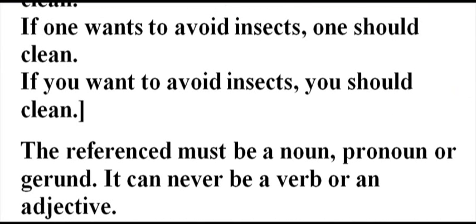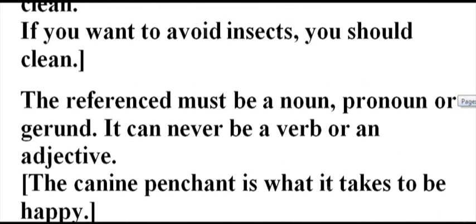The referenced must be a noun, a pronoun, or a gerund. It can never be a verb or an adjective, and this is really, really important. You have to understand this. The thing that the pronoun is referencing has to be a noun, a pronoun, or a gerund. A pronoun can never reference a verb or an adjective. Let me give you an example. The canine penchant is what it takes to be happy.